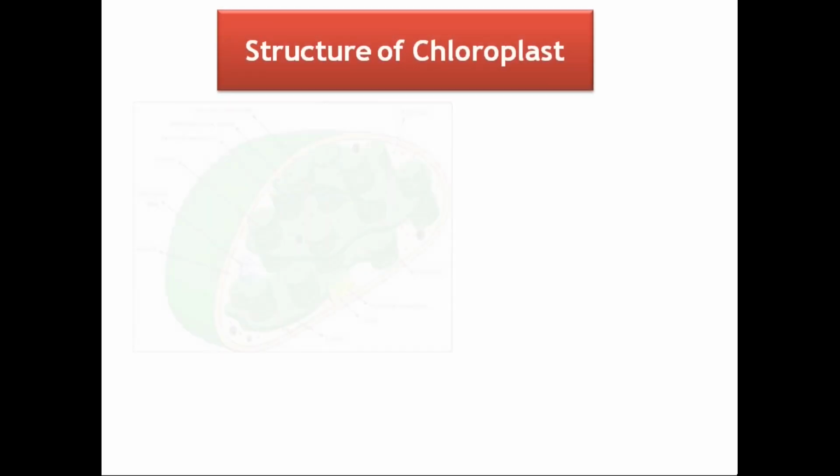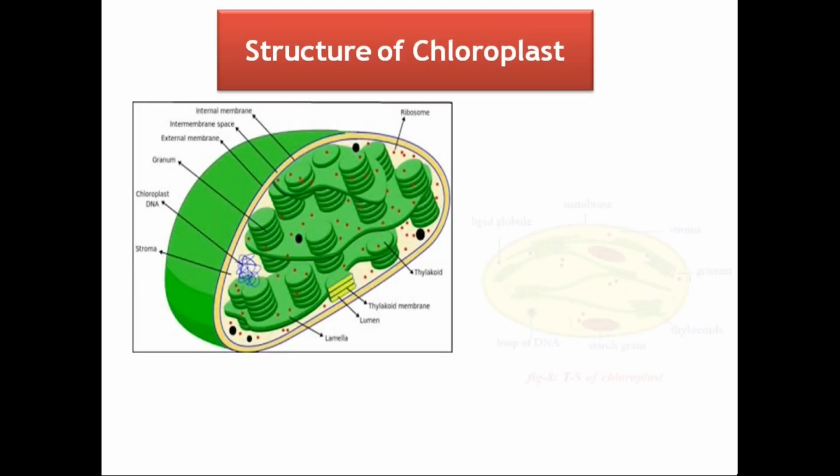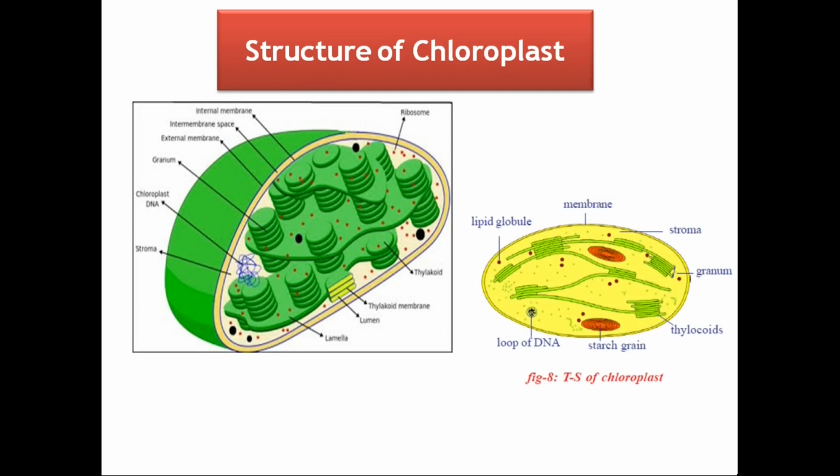Structure of chloroplast. The chloroplast is a membranous structure consisting of three membranes. The third layer forms stacked sac-like structures called grana. The individual coin-like structures are called thylakoids. The space inside the thylakoid is called thylakoid lumen.